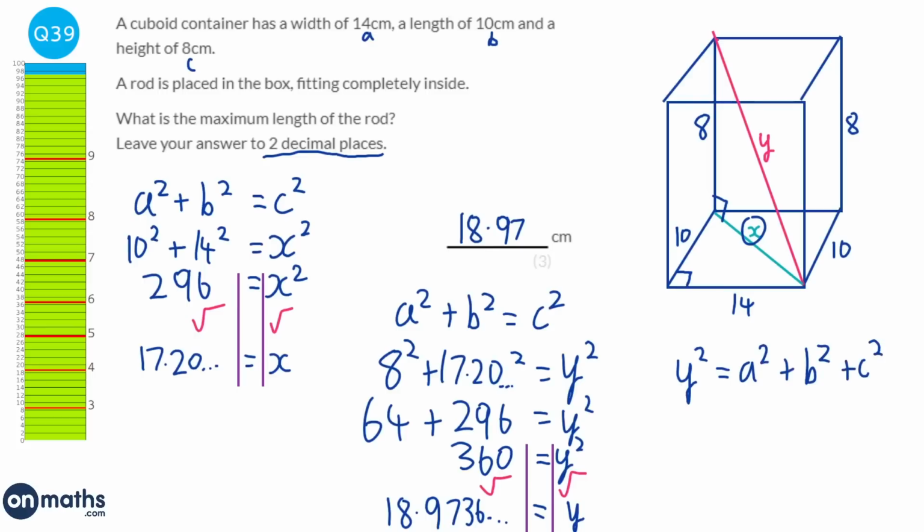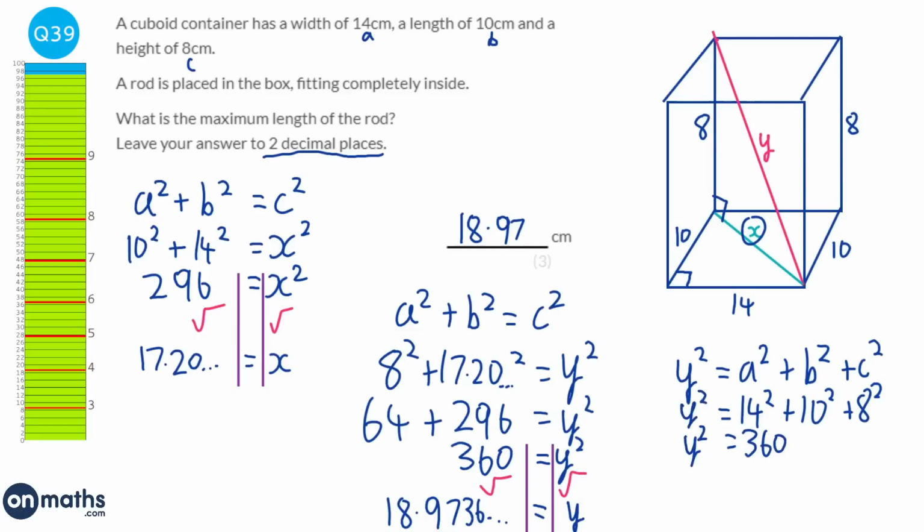It's basically the width squared plus the length squared plus the height squared. And so we would have had 14 squared plus 10 squared plus 8 squared. And when you've done that, you would have got 360, and this would be y squared equals.